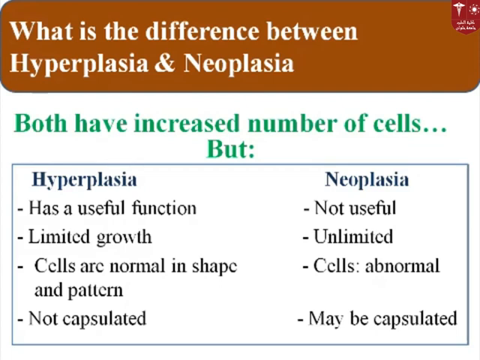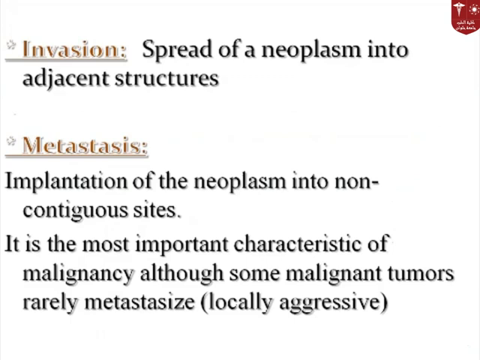However, in neoplasia, one cell gives a mass of cells, right? So sometimes the neoplasm or tumors may be capsulated. What's meant by capsulated? Surrounded by a fence formed of fibrous tissue or collagen fibers. Okay, so neoplasia may be capsulated. However, hyperplasia is not. Okay, so these are the main elements that differentiate hyperplasia from neoplasia.